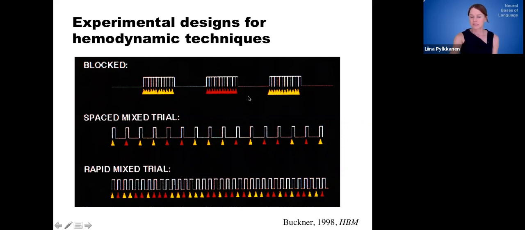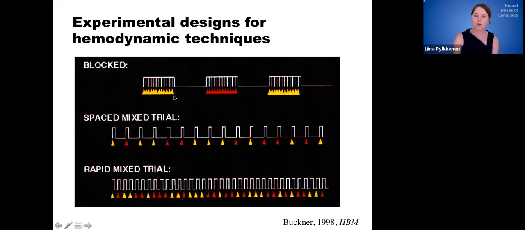Sometimes that's an okay thing to do, but a consequence of this type of stimulus presentation is that the subject becomes very aware of what's going on. If the contrast in these blocks, let's say in a language setting, is a sentence with one type of structure versus a sentence with another type of structure, as a subject you become aware of that, and that may actually affect your processing. There's also a repetition effect that would be very robust in this situation.